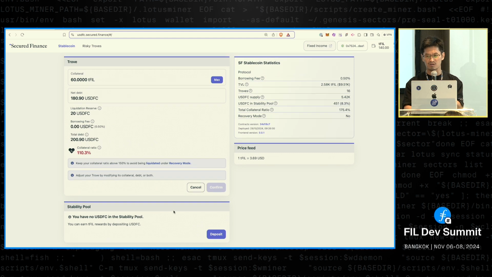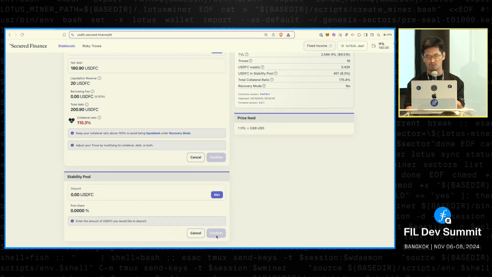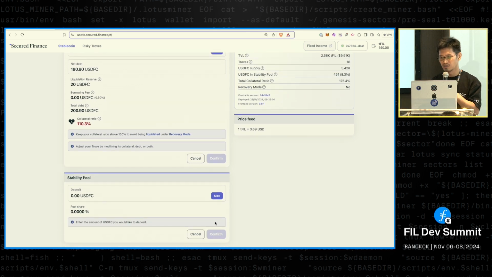One functionality is the stability pool. As I mentioned, the stability pool is only used for liquidation purposes. It's a help for the protocol. Usually CDPs rely on an external bot or an auction for the liquidation.